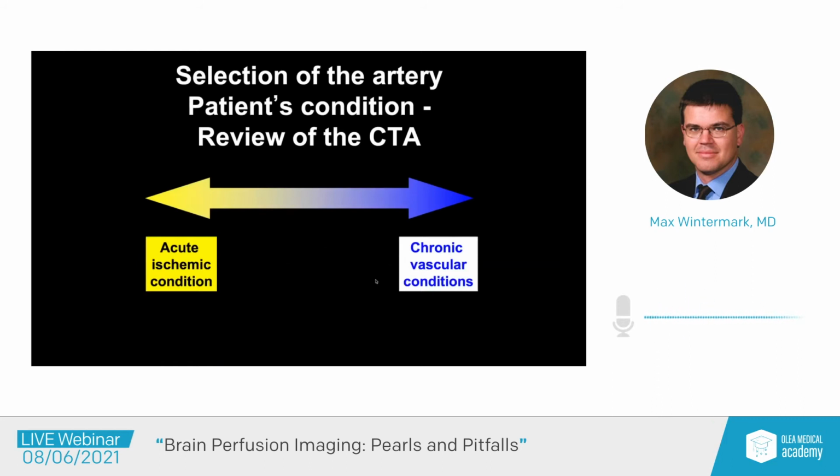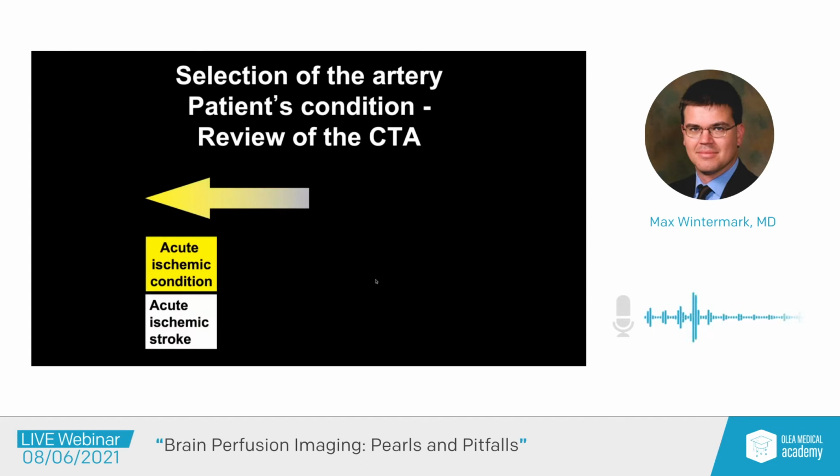And the difference between those conditions is basically when you have a chronic vascular condition, typically the patient is going to have the time to develop a lot of collateral circulation. And as a result, because of those collaterals, the blood and the contrast bolus we inject may get to a certain vascular territory in a delayed manner, but in a normal manner. I'm going to illustrate that with a couple of examples because it's easier that way.